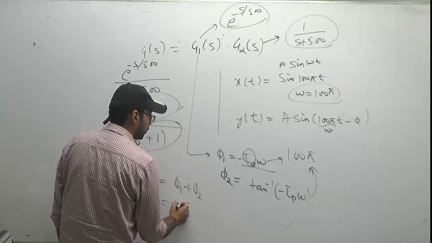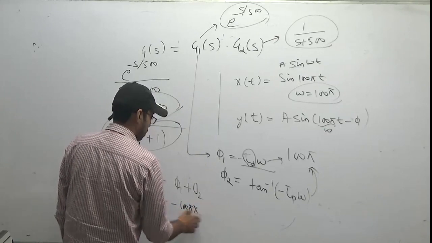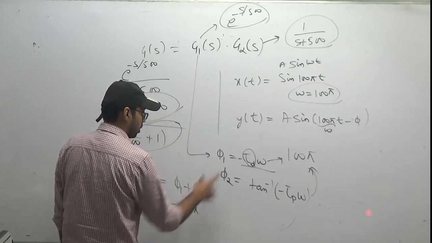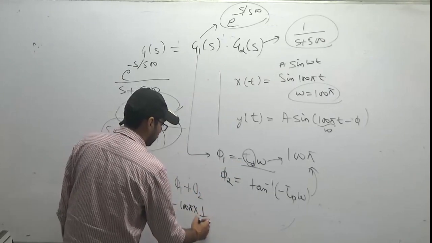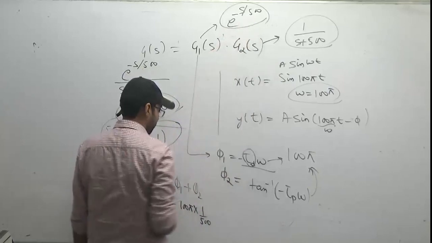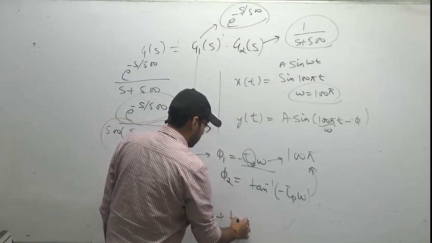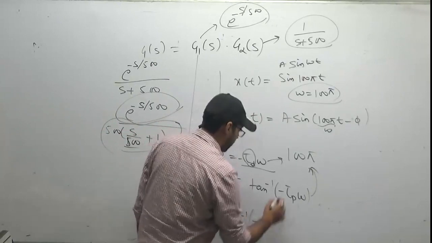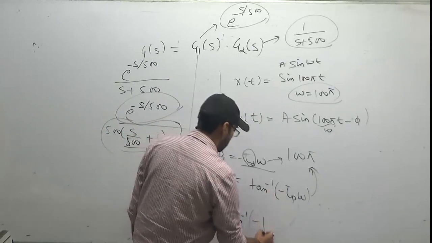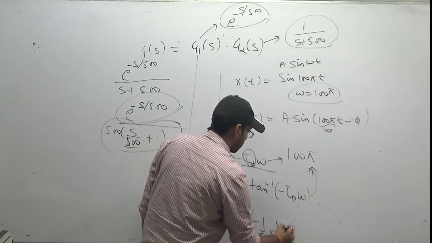That is minus of 100 pi, the omega value, into tau D value, 1 upon 500, and plus tan inverse negative of, what is the value of tau P? 1 upon 500 into 100 pi.